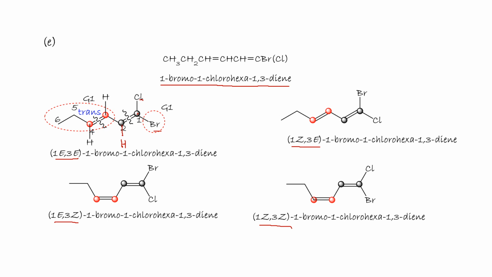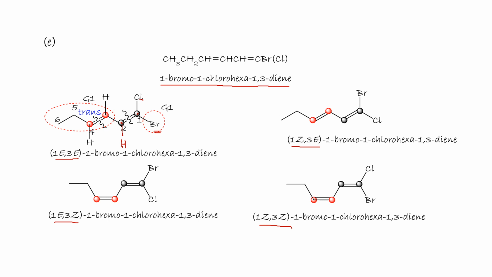Carbon 1 and 2 carry 4 different groups, so we cannot give carbon 1 cis or trans, but we can give E and Z. For example, if here Br and Cl are on carbon 1, Br is senior.